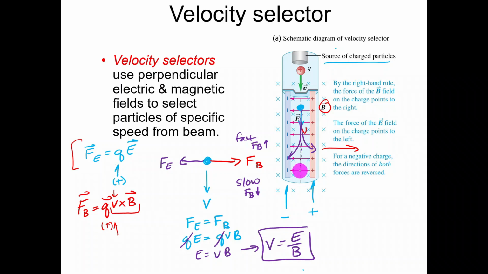So only the charged particles that go through are going to be undeflected. They make this long enough so that the charged particles will have curved before they ever reach the exit. So only the particles with the perfect velocity are going to make it out of the velocity selector.